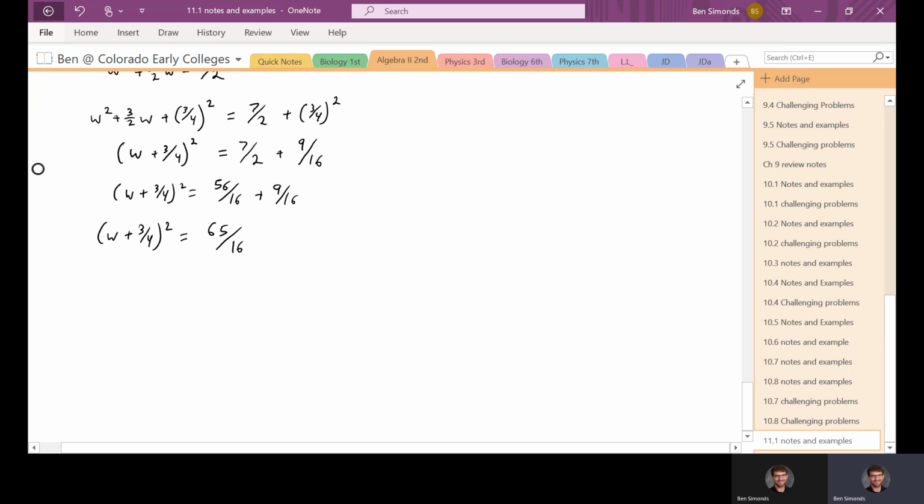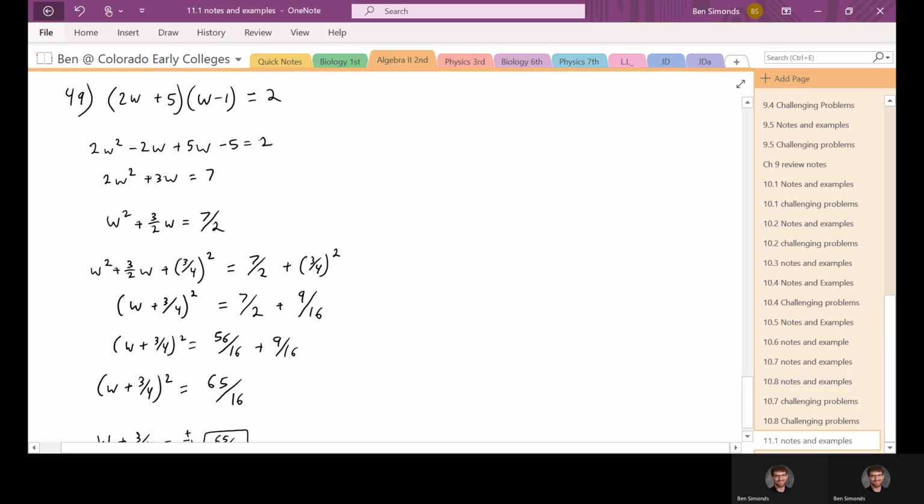So now we need to take the square root of both sides, right? So w plus 3/4 equals the square root of 65 over 4. That can't be right because 65 is not a square. Hang on. Gotta think for a second. Did I do this correctly?